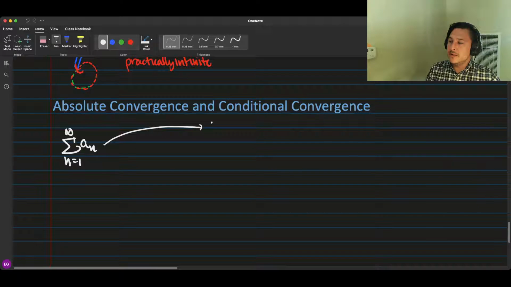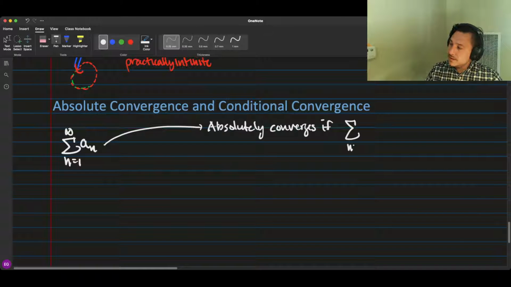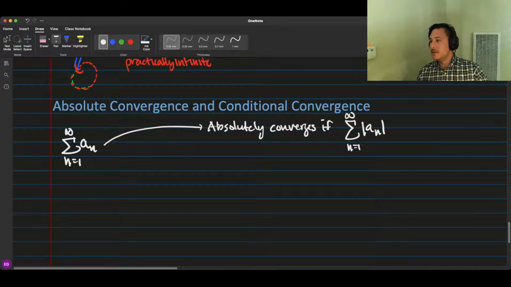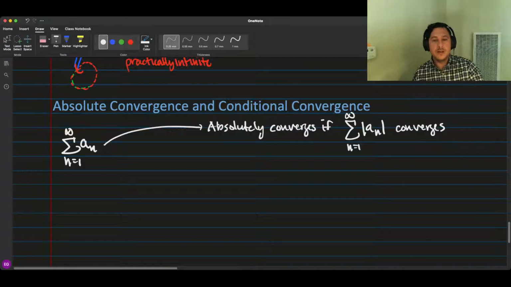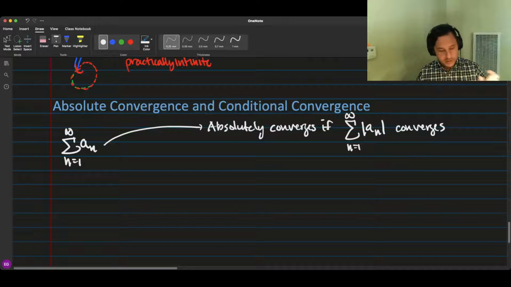We say that the series absolutely converges if, when you take the series and make all of the terms positive, in other words, you put absolute value around them, it still converges. So a series is absolutely convergent if, when you make all of the terms positive, it still converges.